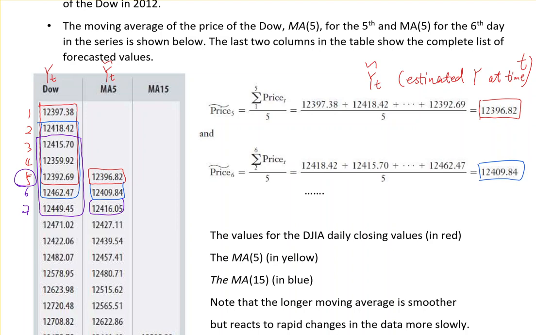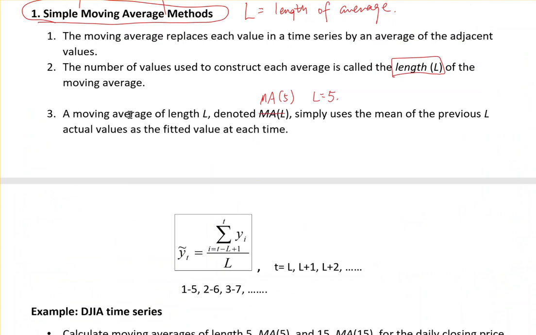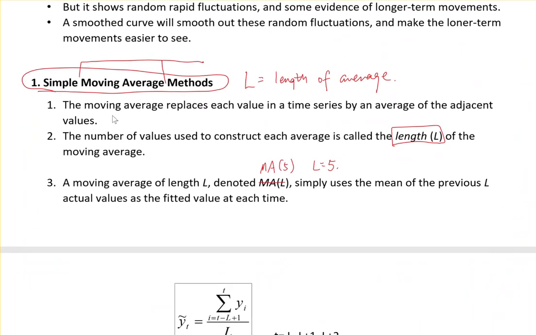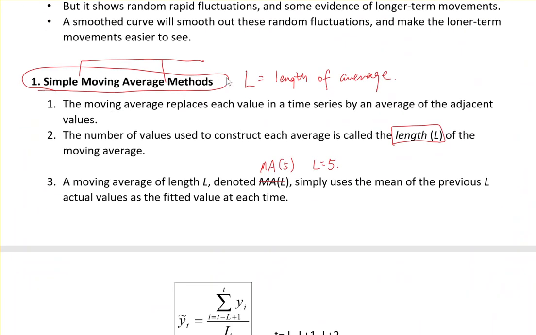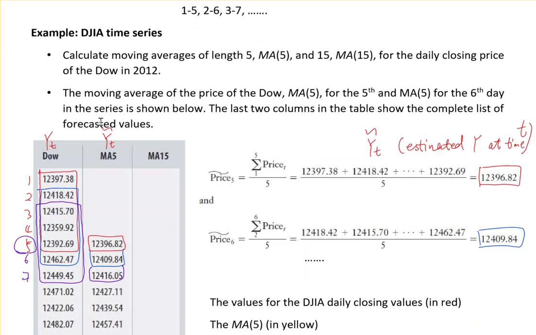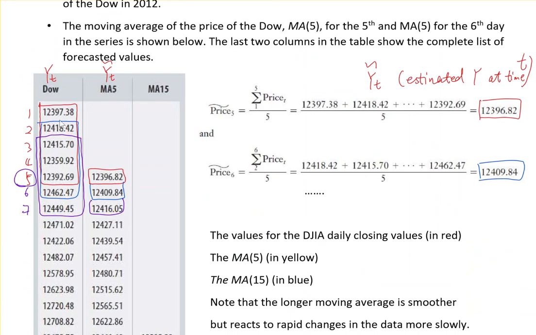All right, so that means now we come back to the name of this smoothing method. It is called simple because we just take the average. We didn't do anything else. We just sum them together and then divide by the length, right? So it is simple. Moving because we do one by one, every 5, and then move to the next one, and the next one.